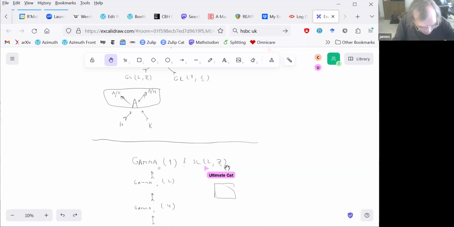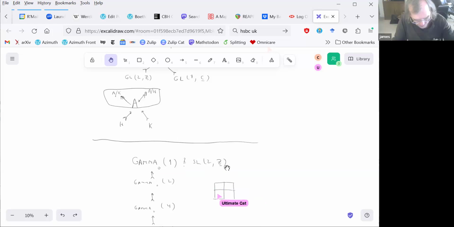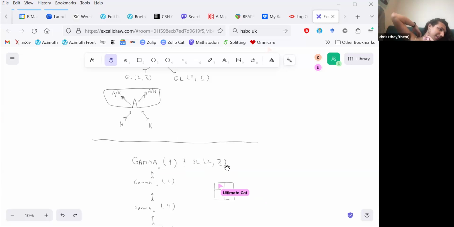Boy, that came out strange. It's little 2x2 matrices. So things that are in SL2Z to begin with, but that have, if you want divisibility, okay, I think I see where we're going with this.